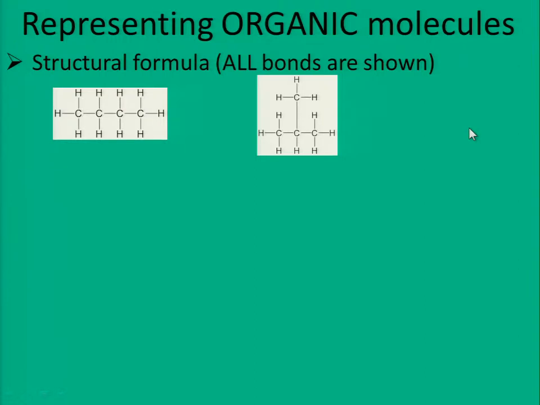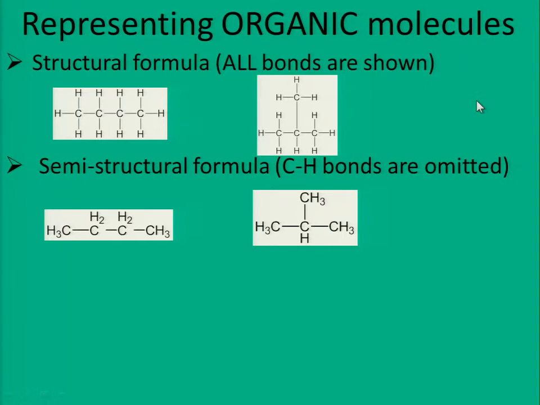Structural formula. This is important because in an exam question you might get asked to draw a structural formula. So what structural formula means is all the bonds are shown. So every carbon-hydrogen bond is shown in these molecules.